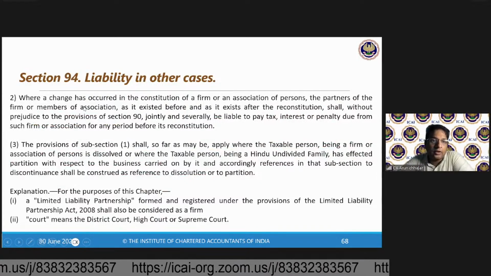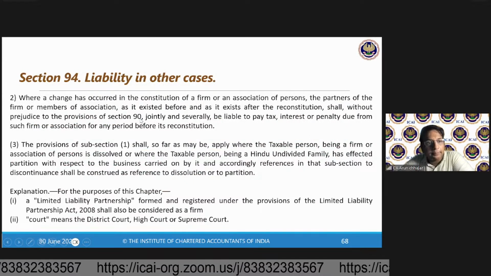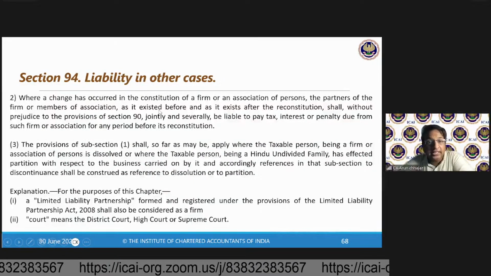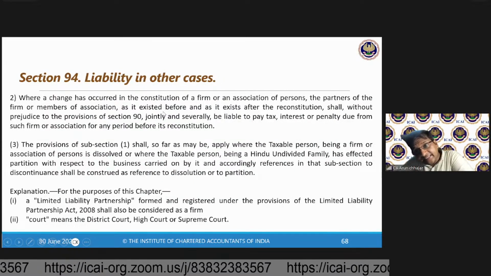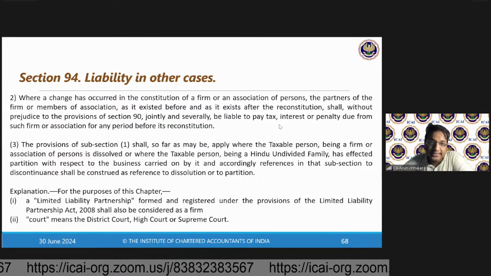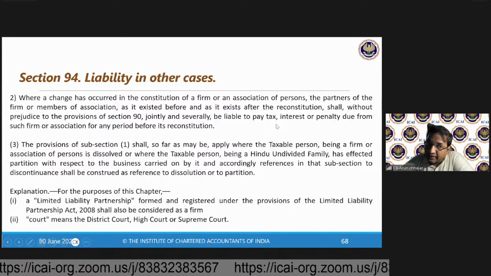Liability in other cases: where a change has occurred in the constitution of the firm or association, the partners of the firm or members of the association as it exists before and as it exists after reconstitution shall be jointly and severally liable to pay the tax, interest, penalty.